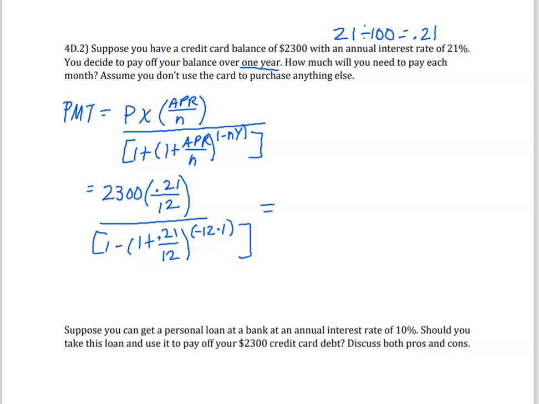Okay. Definitely would not try to type all this in the calculator at one time. The calculator can handle the top part. So if you do 2,300 times 0.21 divided by 12, or type that as a fraction, you would get 40.25. And on the bottom, if we type all of this in, we're going to get 0.18.